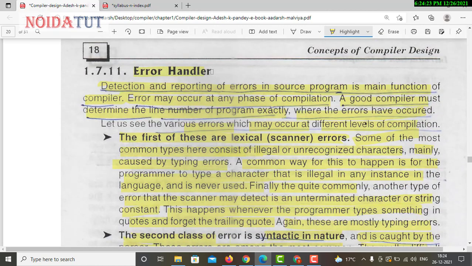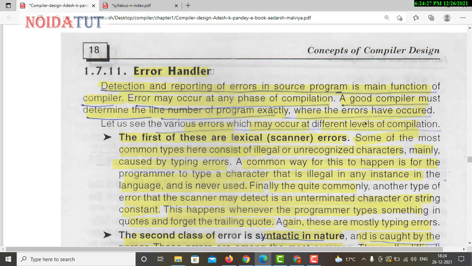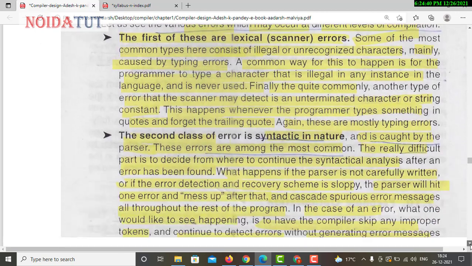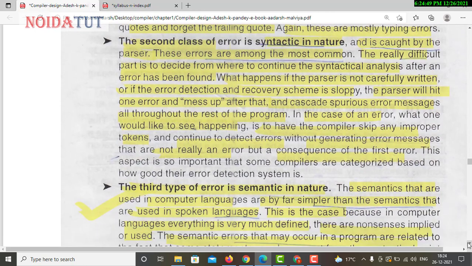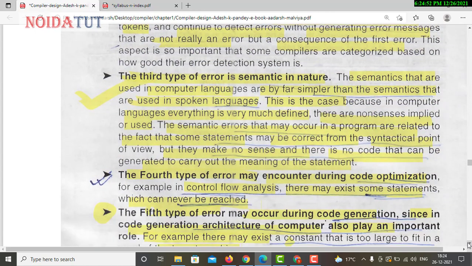So the responsibility of the error handler is to identify different errors. We have seen six types of errors. The first one was the lexical scanner errors. That means it identifies illegal and unrecognized characters. Now the second class was syntactic errors. These are the errors which are created by the previous lexical errors. The third type of error are the errors which make no sense in the program but are still there.